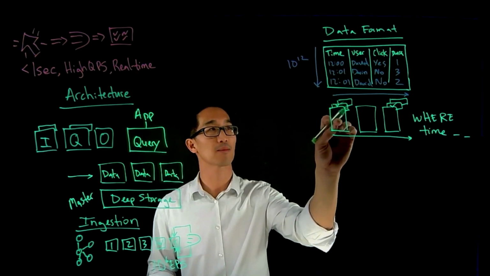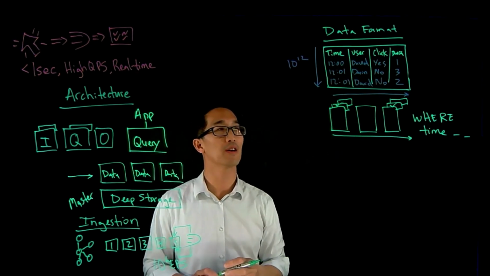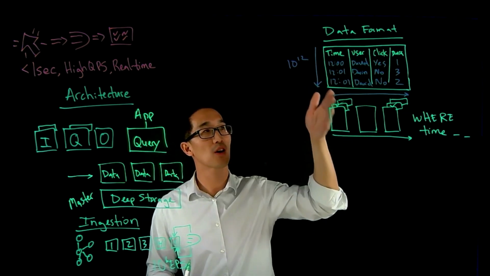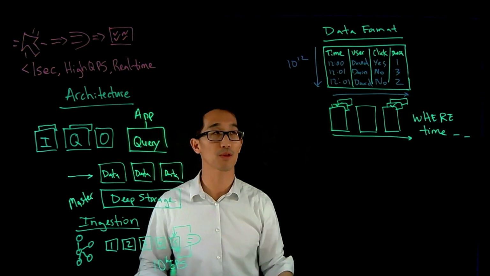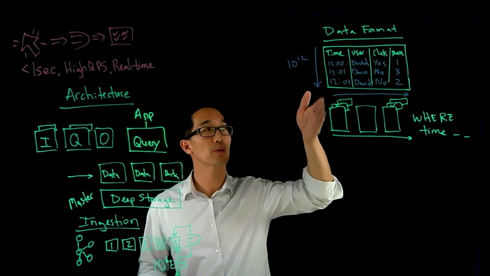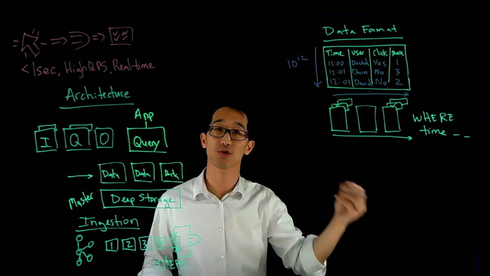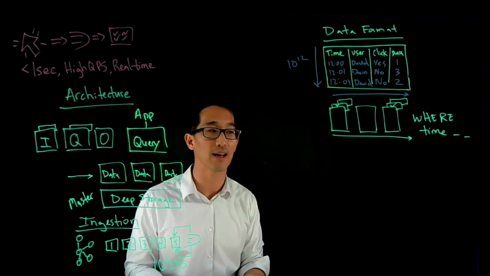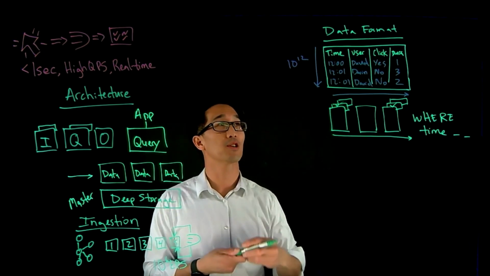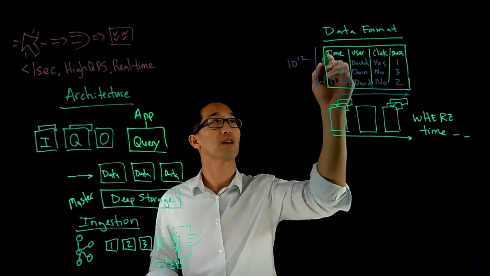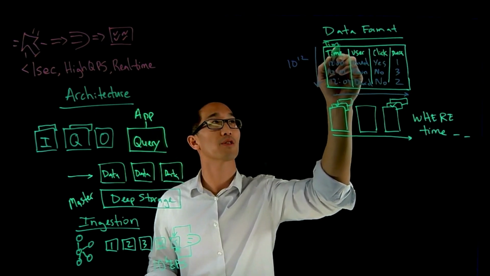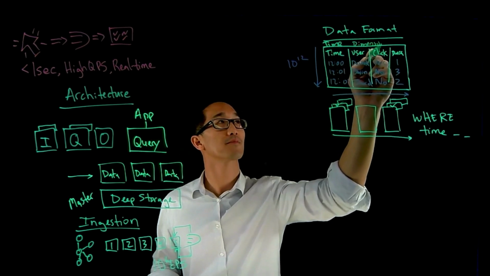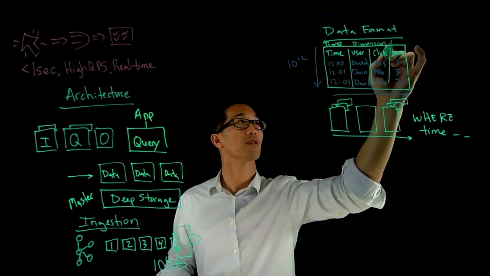Inside a segment, and we'll represent this by the table above, Druid stores each column independently, similar to columnar storage, but it's also storing each column as a separate data structure. The separate data structure is really important because we do a lot of things with the data format to allow for that optimization. Looking at the columns we have here, there is a column structure called time, there is also a column type called dimension, and then there is a column type called metrics.